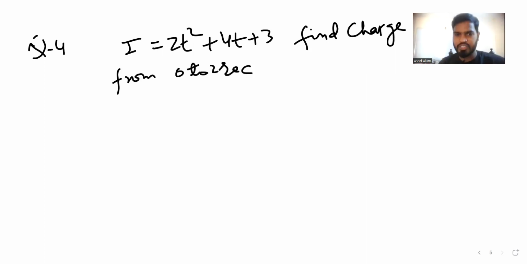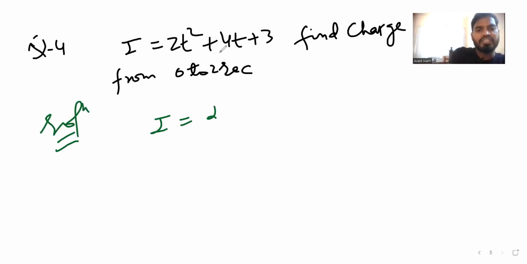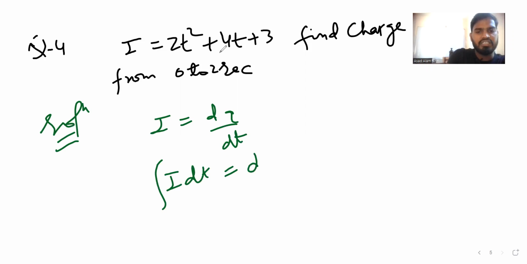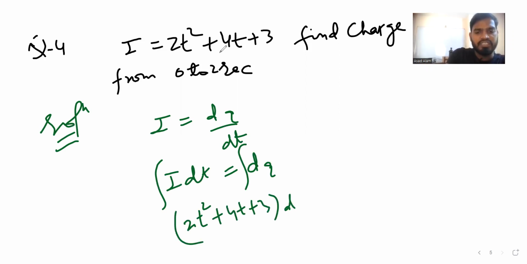Obviously we are finding area, so there should be a range from where to where. So let's see the solution. Now here we know I is equal to dq by dt. We want to find q, so we can say integration of I dt is equal to integration of dq. Integration of 2t square plus 4t plus 3, into dt, from 0 to 2 seconds, is equal to integration of dq, which is q only.